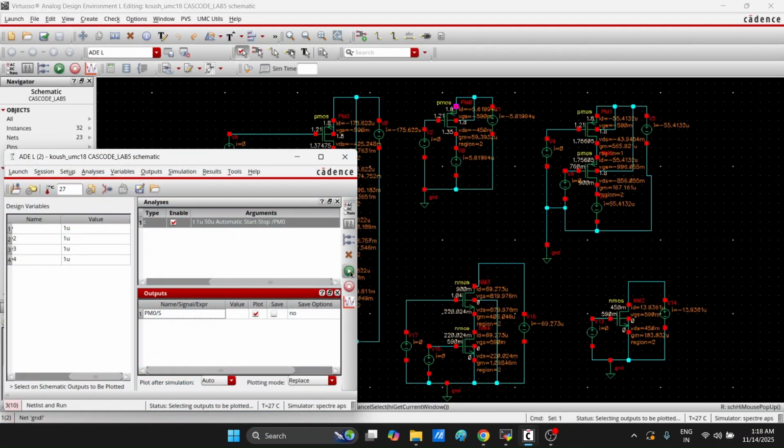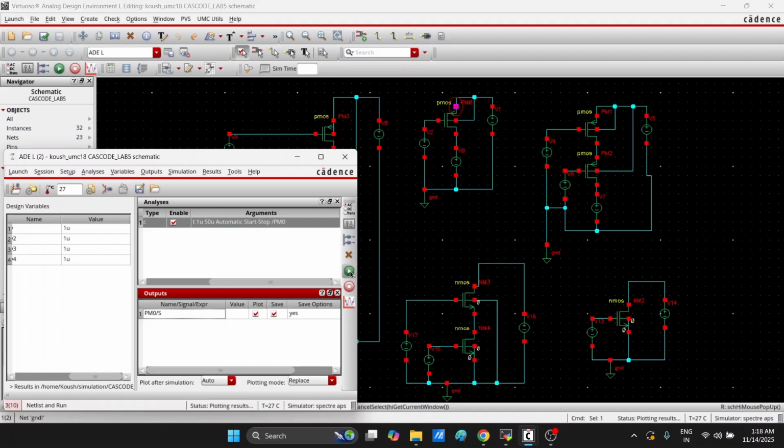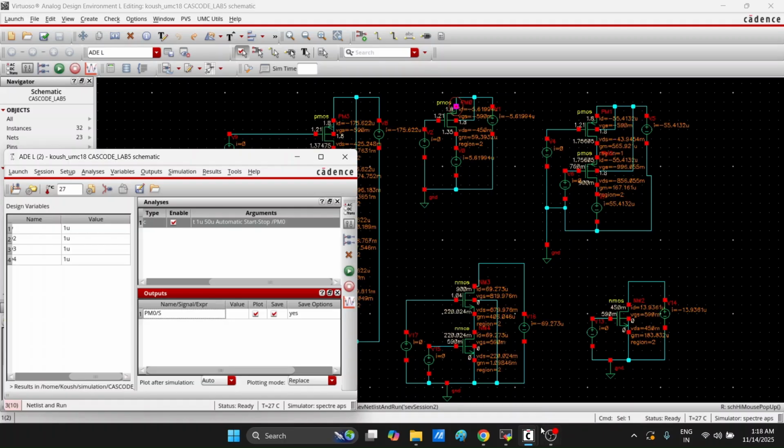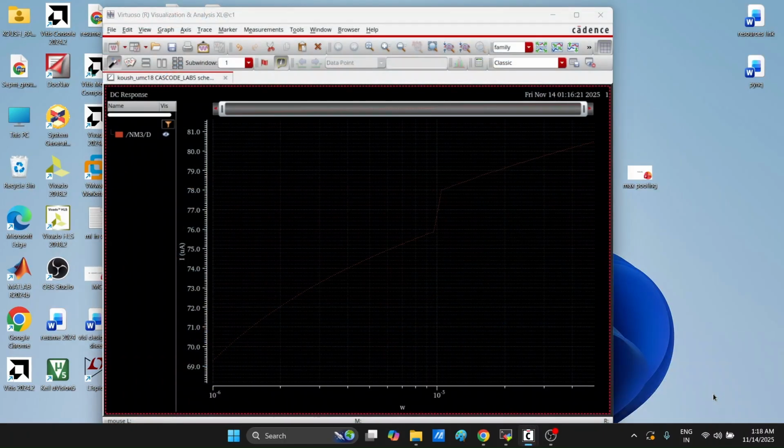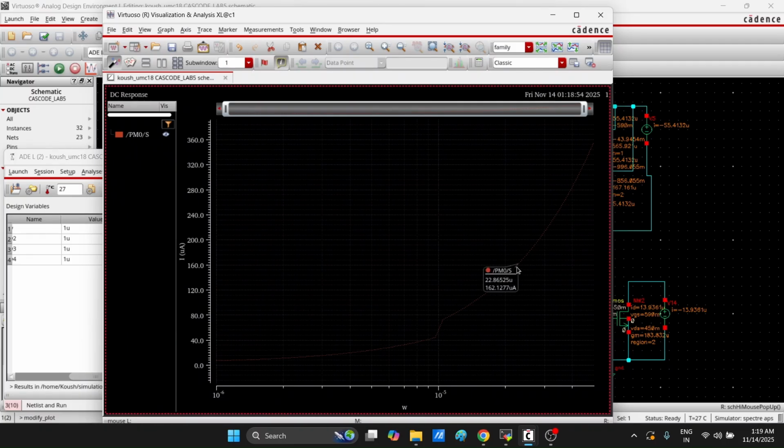If you choose the fingers as 2, then whatever width you set will be doubled. So if your width is say 10 micro and you choose the fingers as 2, then your exact width will be 20 micro. Here we can see that we will need this PMOS to be at least 25 micro for the desired current to flow.